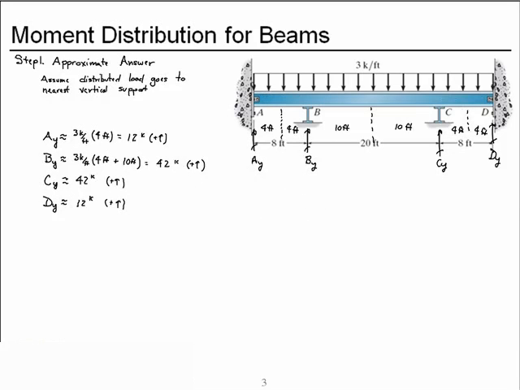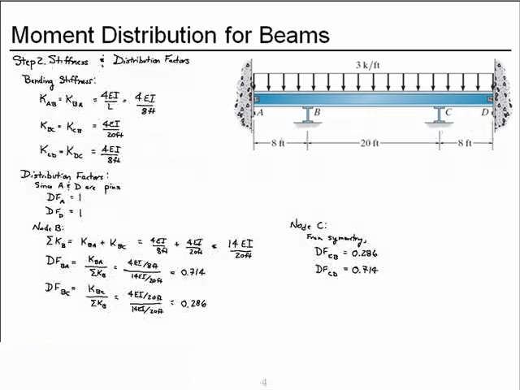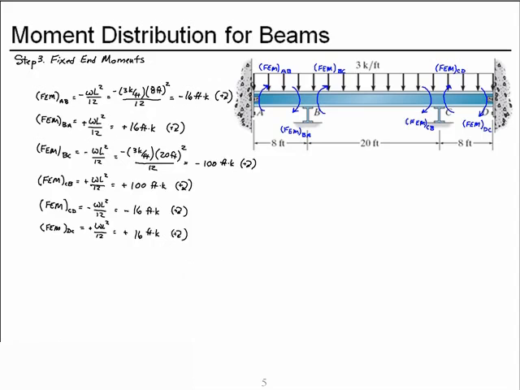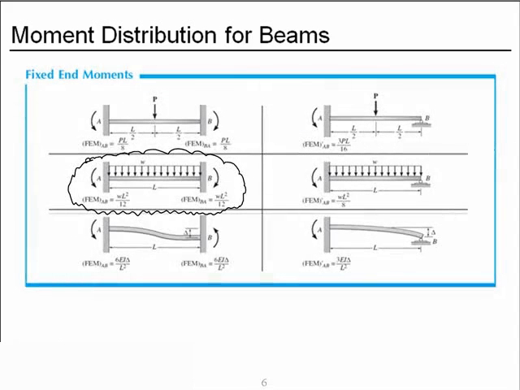We started by approximating the solution by assuming that the distributed load goes to the nearest vertical support. Then to begin the moment distribution process, we needed to find the bending stiffness for each element and the distribution factors at each of the nodes. We then calculated the fixed end moments using information from the inside back cover of our text.